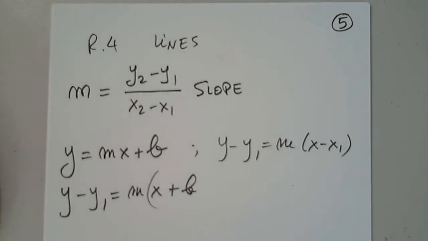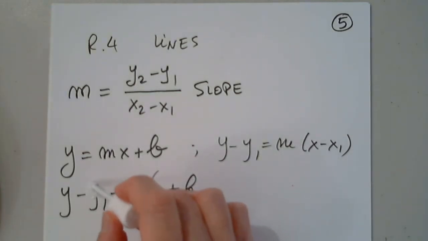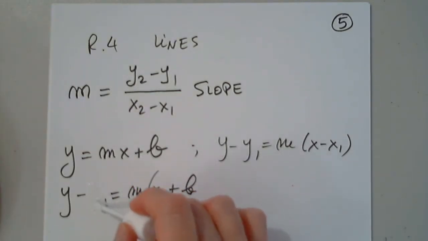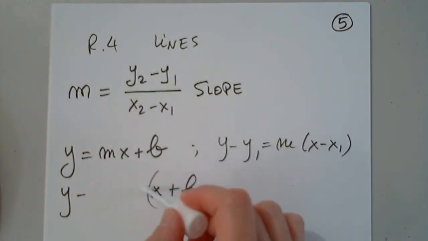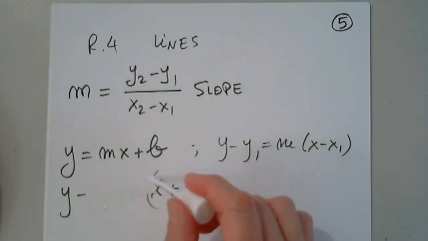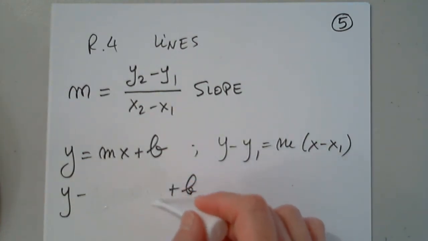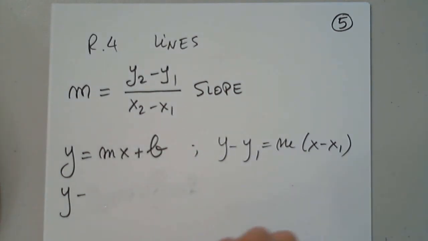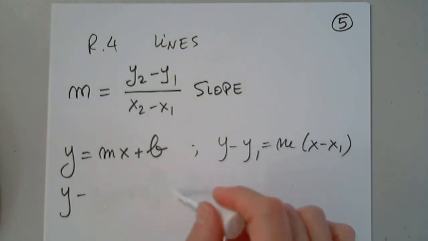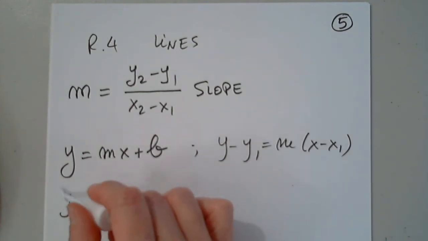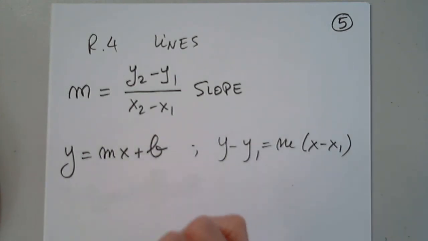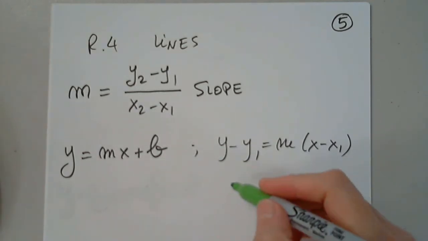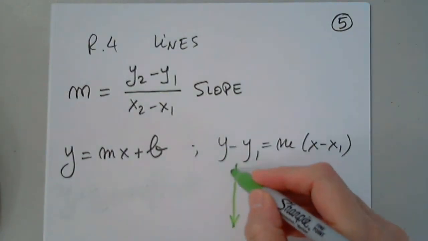Then we should talk about vertical and horizontal lines. What is the slope of a vertical line? Can anyone give us the slope of a vertical line? Y equals mx plus b, right? The slope of a vertical line.